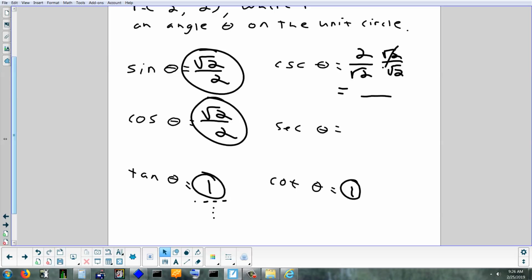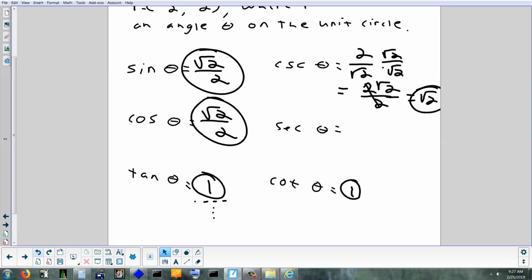Okay, so would it be the 2 times the square root of 2? Yep. So 2 times the square root of 2 over 2. And then the 2's cancel out. So anytime you flip square root of 2 over 2, it just turns into square root of 2.